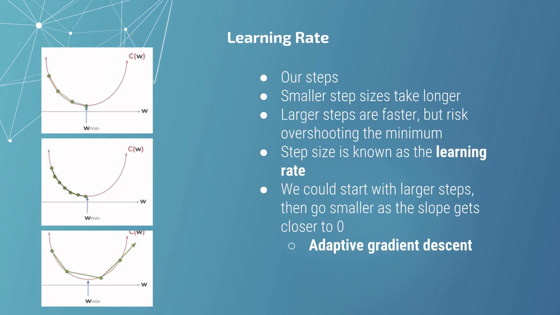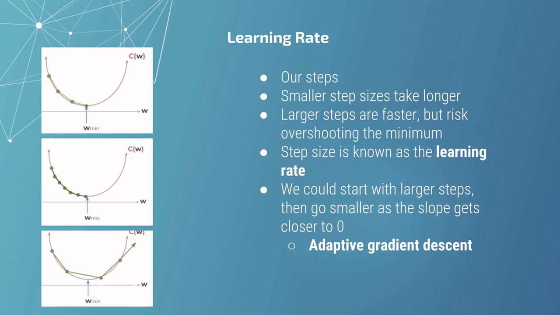Learning rate. Learning rate is just the steps we take to find the minimum. A smaller step size takes a lot longer. If you see the picture in the middle, that's a small step size, which goes in really tiny pieces, narrowing down the slope at a very small rate, which takes a lot longer to eventually get to 0.